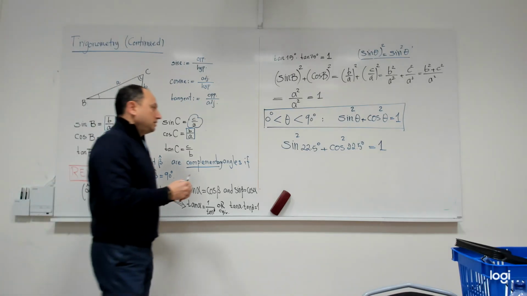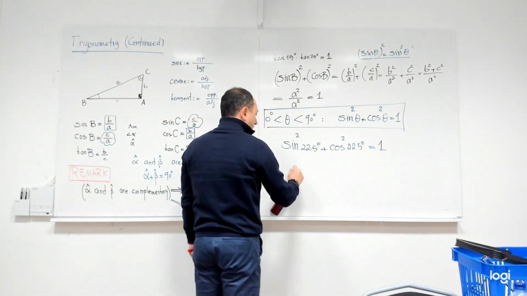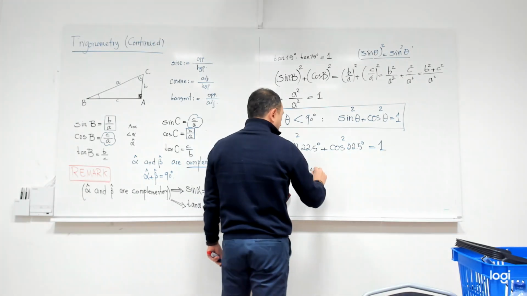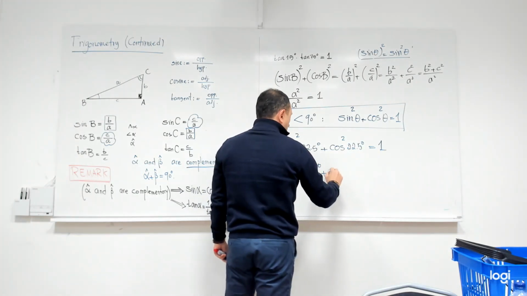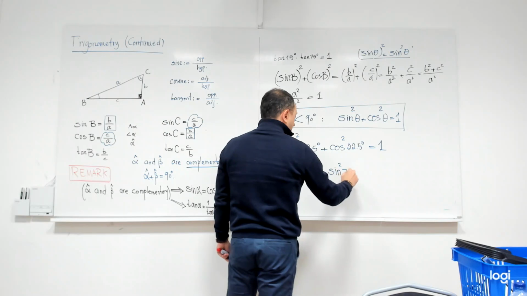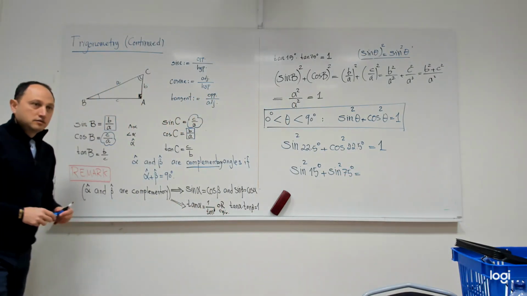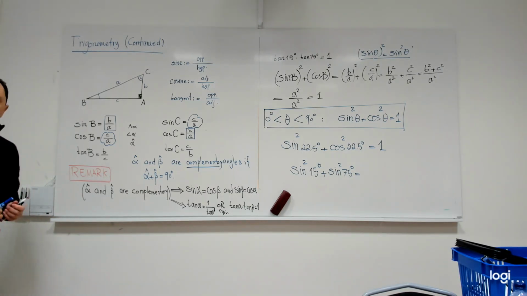But then tell me, do you remember we had a problem like this? What is this number, sine squared of 15 degrees plus sine squared of 75 degrees? Because 15 and 75 are complementary.